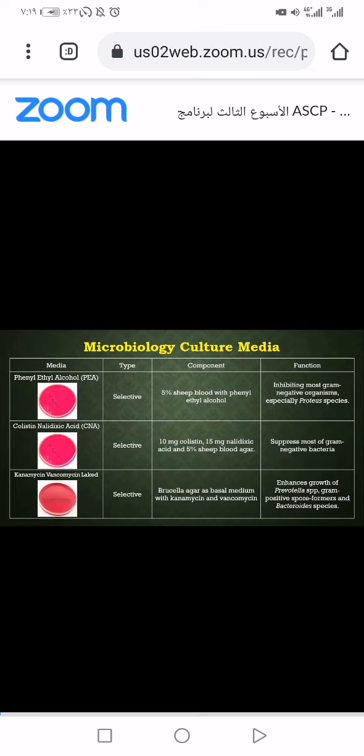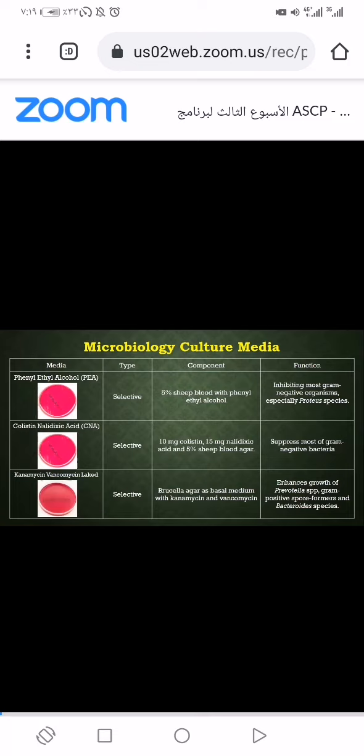That's why we select some types of plates to suppress the bacteria that we don't need. So here we look only for the Prevotella, Bacteroides, and spore-forming organisms like Clostridium.